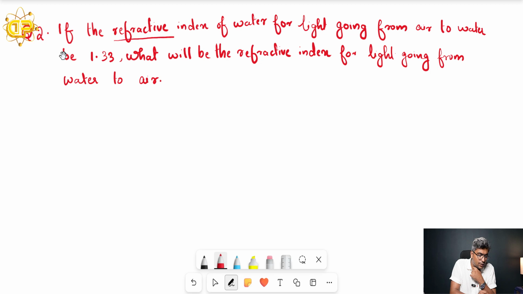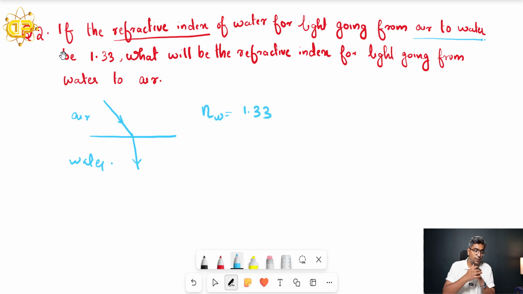If the refractive index of water for light going from air to water is 1.33, what will be the refractive index for light going from water to air? This is what we need to find out. Now, what happens when light goes from air with respect to water?